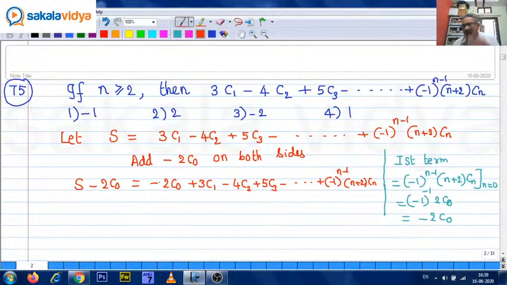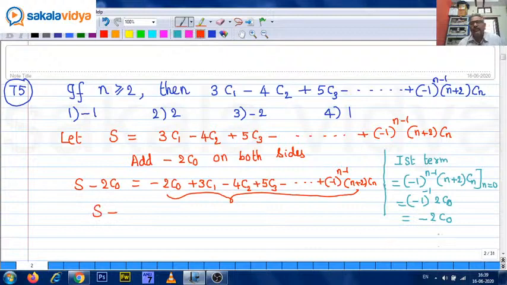It's very interesting that this is from minus 2 C naught to plus 3 C1 and so on up to this one. Alternate sign change is there, or even you can apply sigma value. The total value you will be getting is 0.